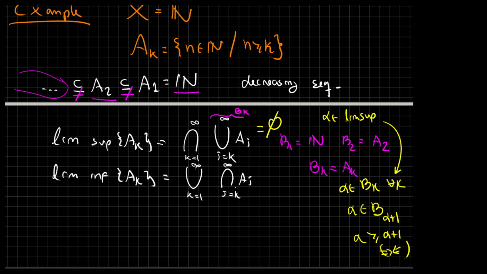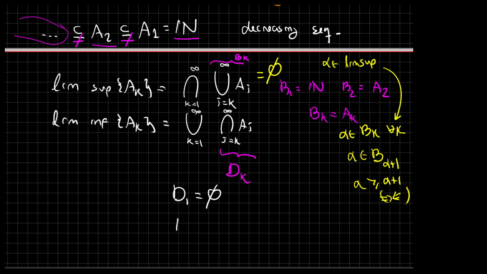Now for the intersections, it's also clear. Let's call this now D_k. So D1 is the empty set because D1 is equal to the limit of the supremum. But what happens with D2? Well, if you intersect everything starting from the second, it's the same because the sequence is continuously decreasing. So it's once again the empty set and so on. Everything is the empty set.